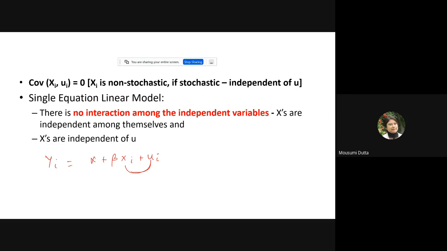Add: xi may be random, but still independent of ui.